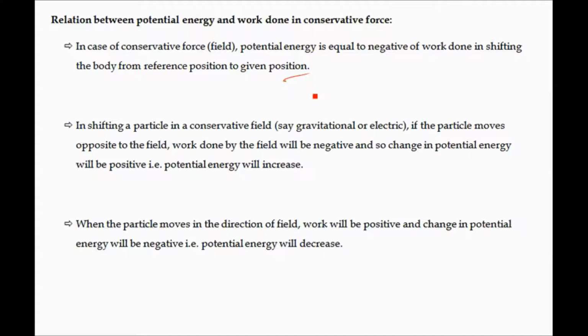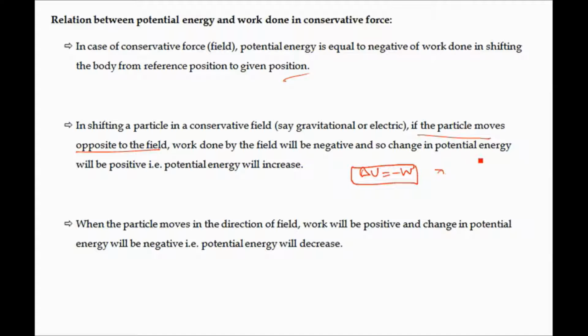As the potential energy change is equal to the negative of work, if the particle moves opposite to the field, then the work done by the field will be negative, and delta U will be positive.